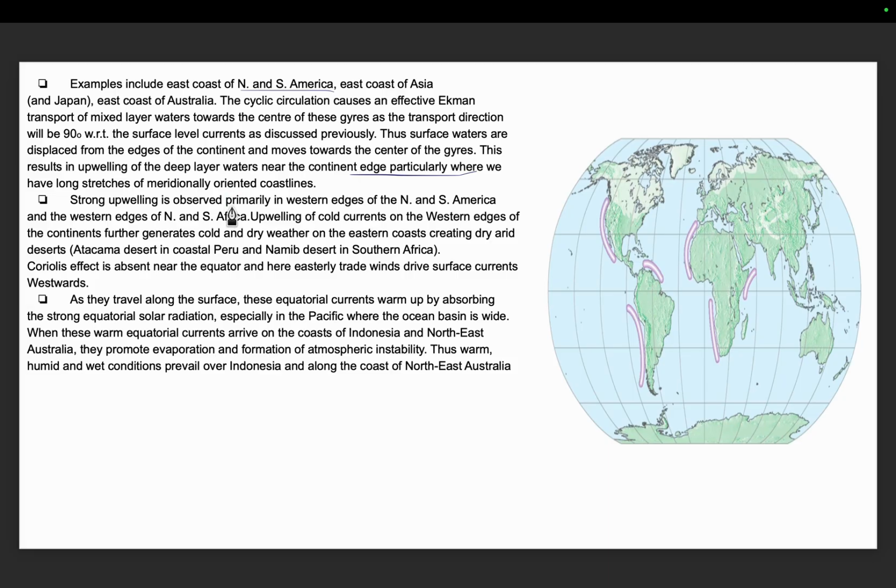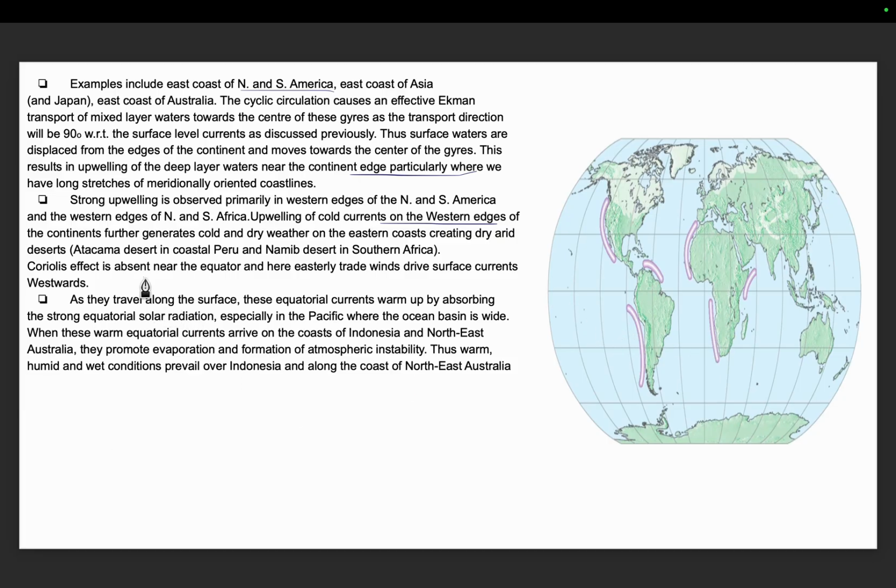Strong upwelling is observed primarily in the western edges of North and South America and the western edges of North and South Africa. Upwelling of cold currents on the western edges of these continents further generates cold and dry weather on the western coasts, creating dry arid deserts there. For example, the Atacama Desert in coastal Peru and the Namib Desert in southern Africa.